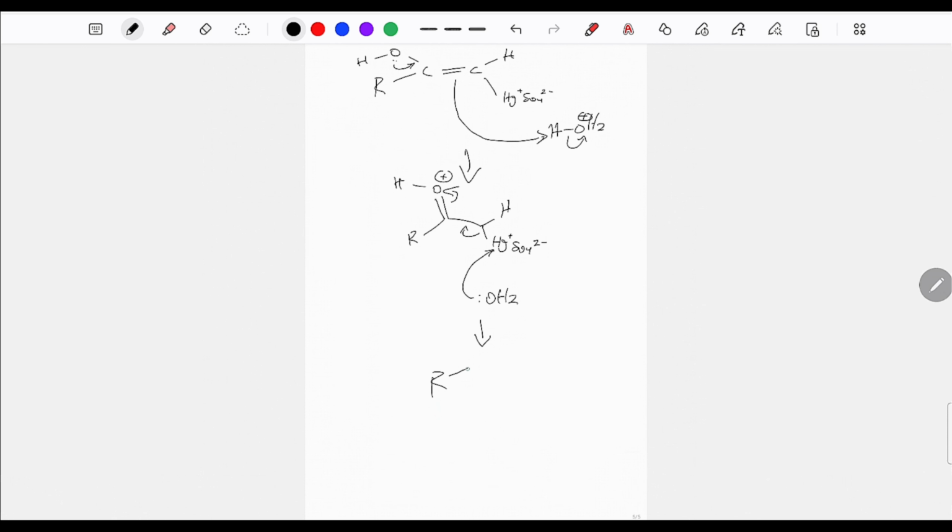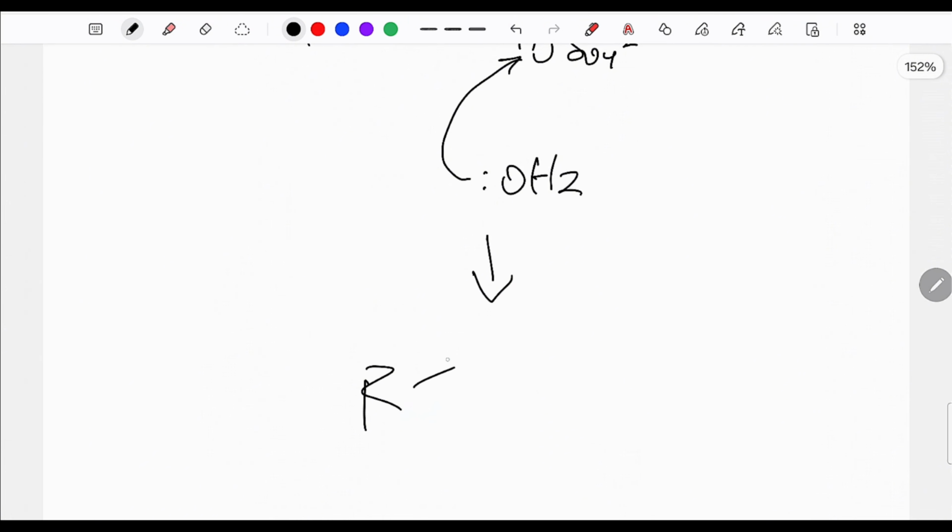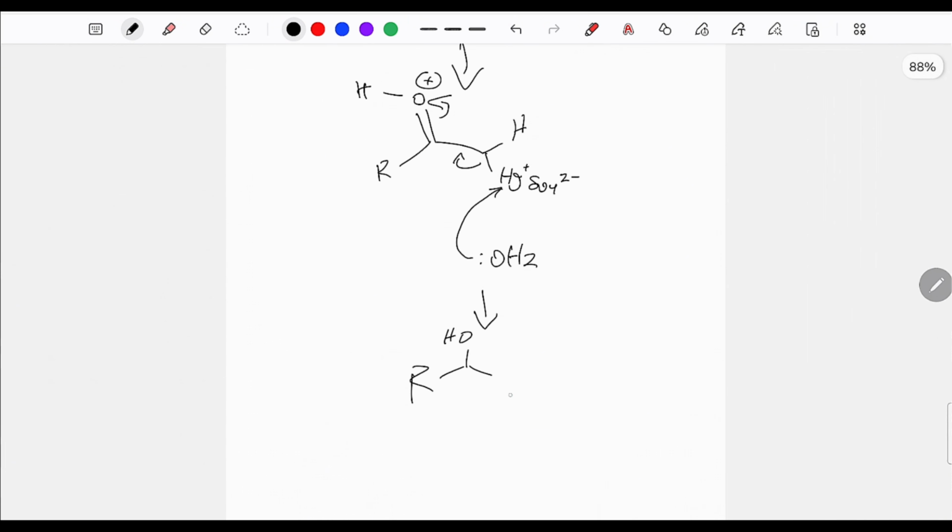And now I will have OH, and show our hydrogen there, show our double bond there. Amazing. So now I have my enol and I have removed my mercury.